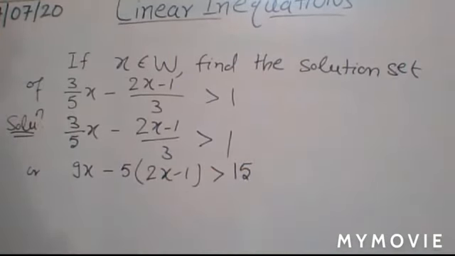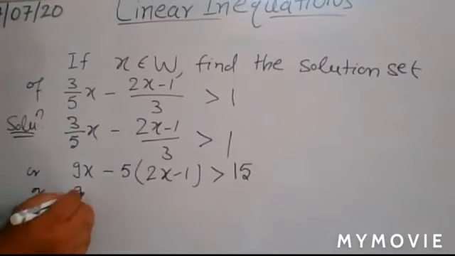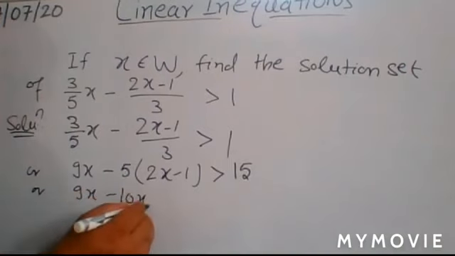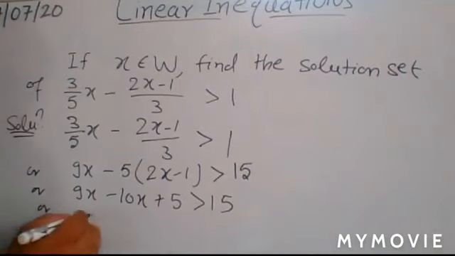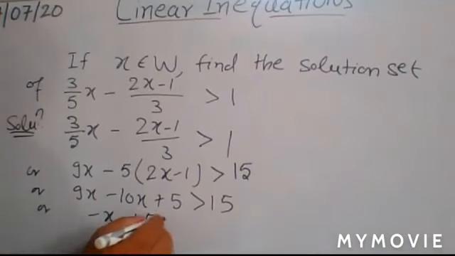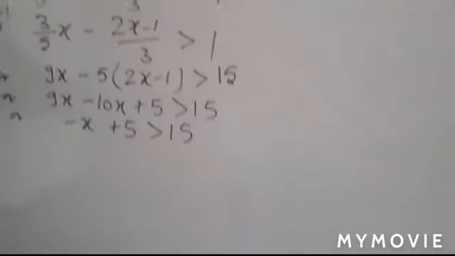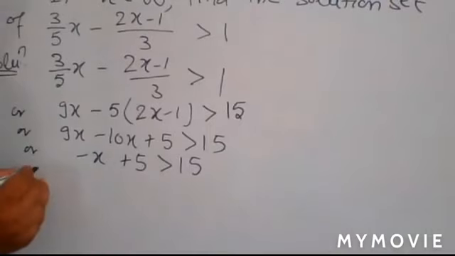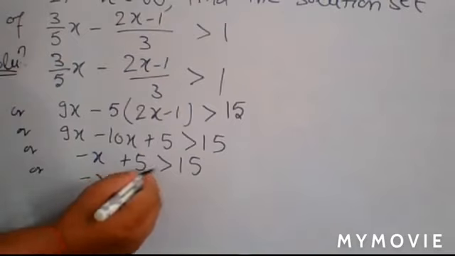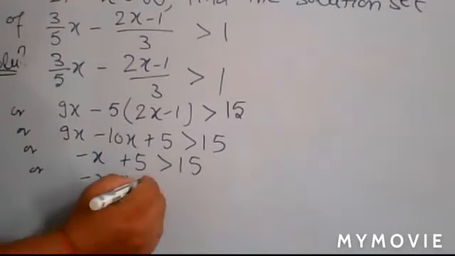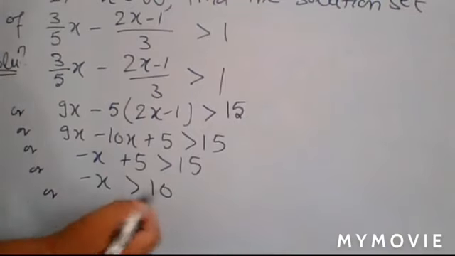Just open it: 9x minus 10x plus 5 greater than 15, so minus x plus 5 greater than 15. Now add minus 5 on both sides, so the 5 cancels out, and minus x greater than 10.